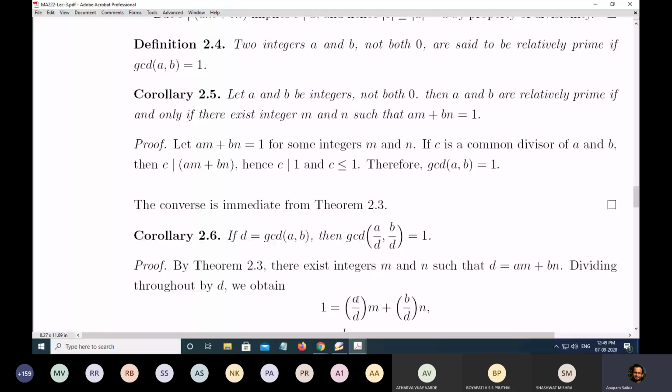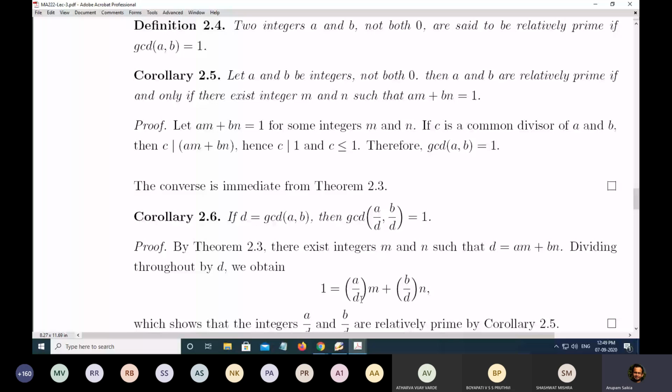These are not fractions, because D is a common divisor of A and B, the GCD. So that means I am getting 1 as an integral combination of A/D and B/D, with integer coefficients M and N. That means A/D and B/D are co-prime. In fact, M and N are also co-prime, if you look at it the other way.